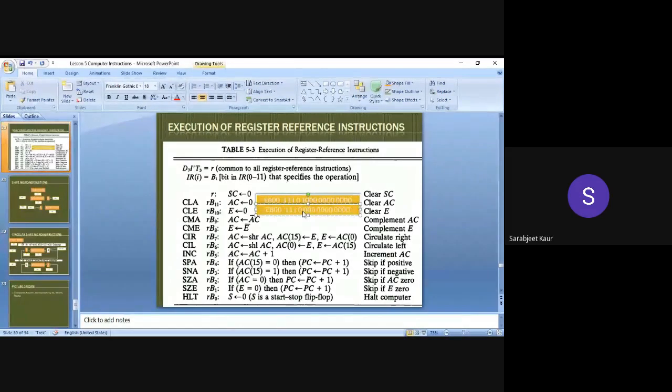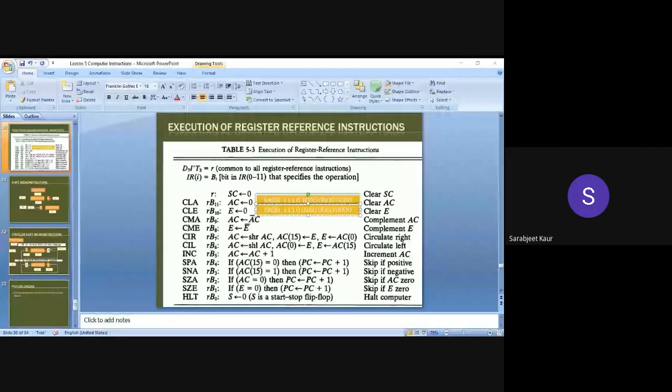Please see. This is E800 in hex, right? Is that clear to everybody? For CLA, the equivalent code of this instruction in hexadecimal would be E800.